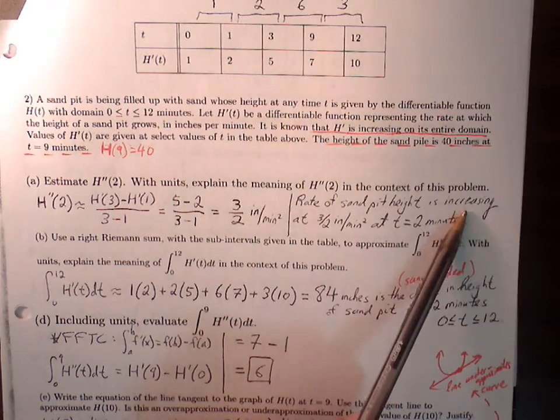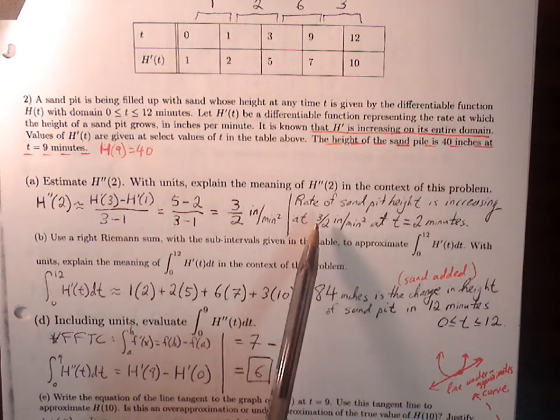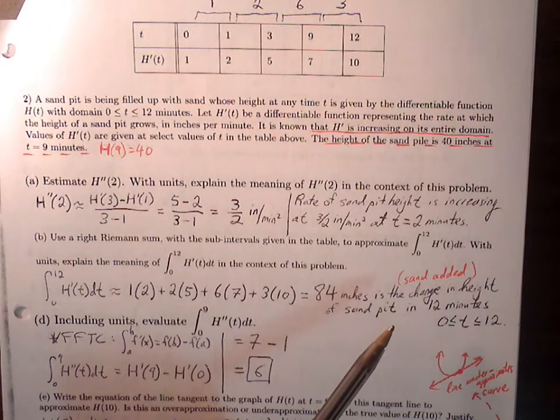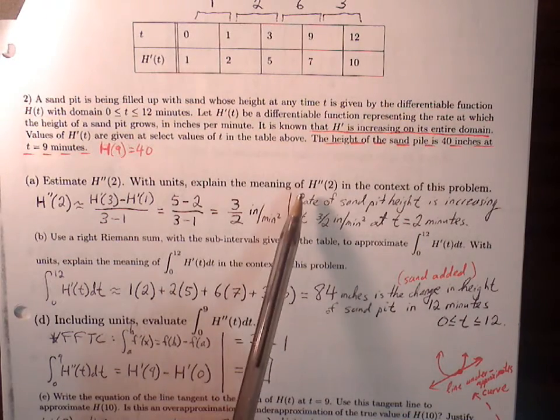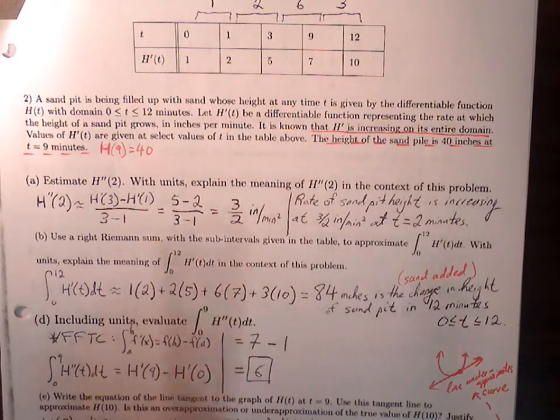So the rate is increasing, okay, not the height that's increasing, it's the rate that's increasing at 3/2 inches per minute squared at t equals 2 minutes. Okay, so the second derivative is always going to be describing the rate of change of the first derivative.